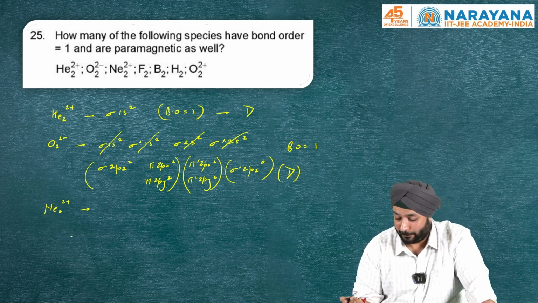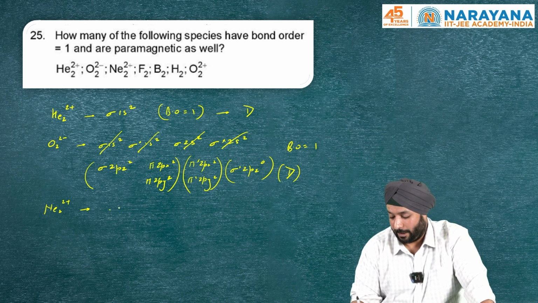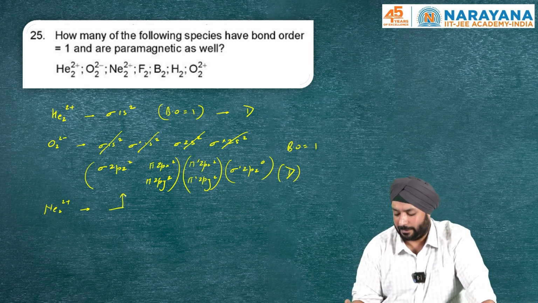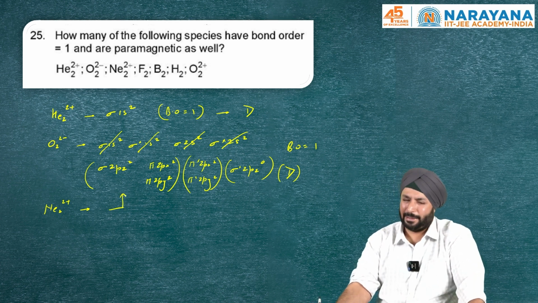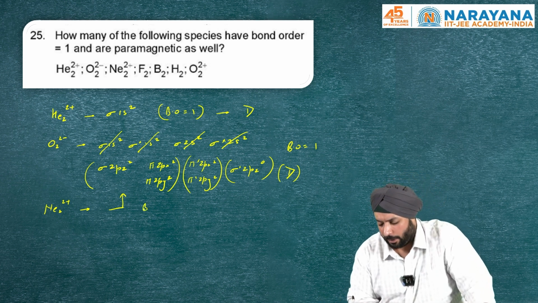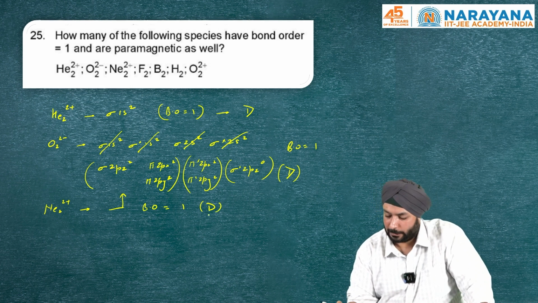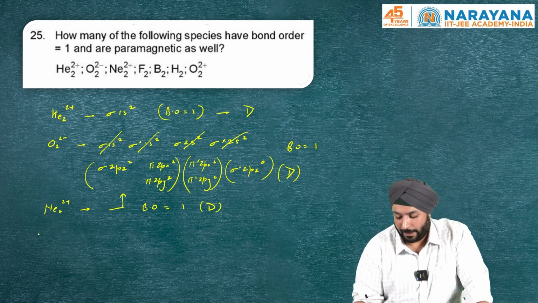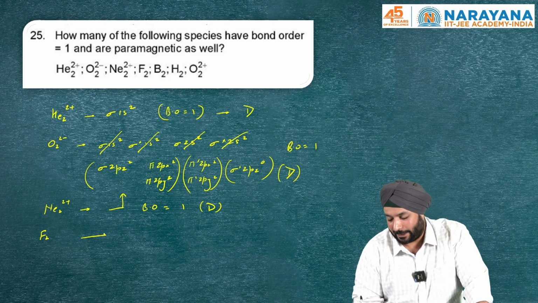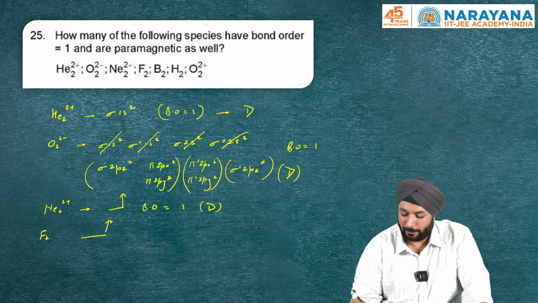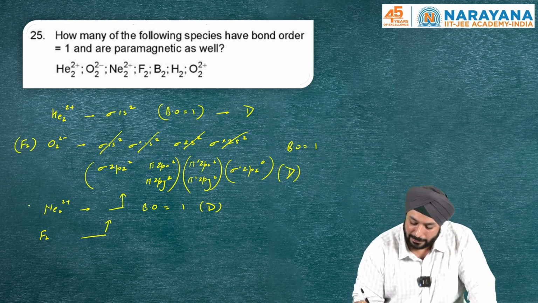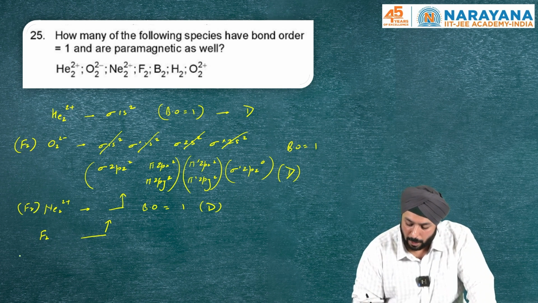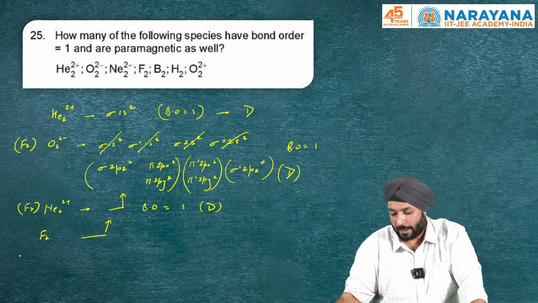Again, this will behave as fluorine. The electronic configuration is the same as the above. Again, bond order will be 1, and again it is diamagnetic. Peaceful question. Fluorine, he has given the same thing, right? Fluorine we have already covered because they have the same molecular orbital configuration as fluorine.